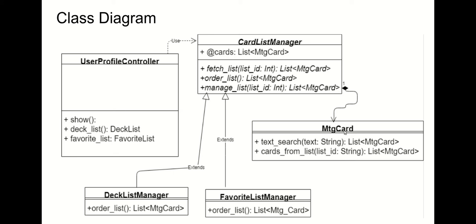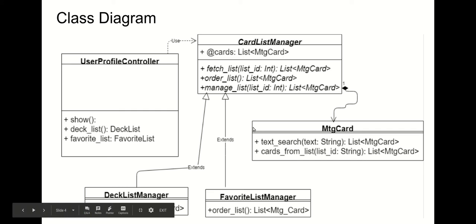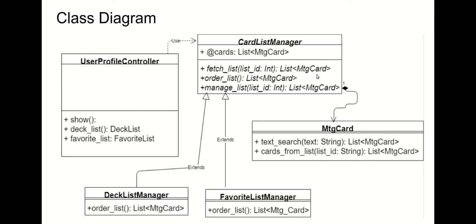Now the model here inherits from Ruby on Rails Active Record, so I decided to make my design pattern like a wrapper here for the model, as opposed to implementing the template methods directly into the list models themselves for the MTG card model itself, even though I am using inheritance over there as well.